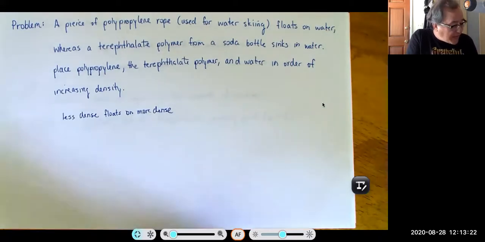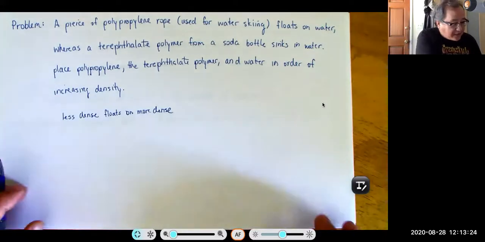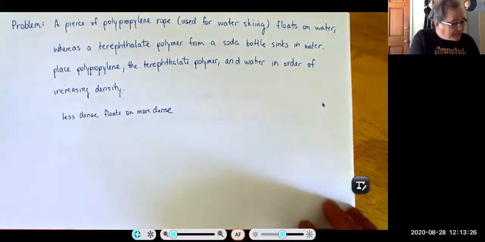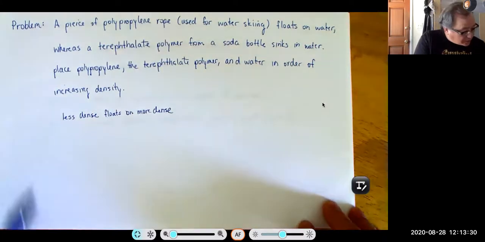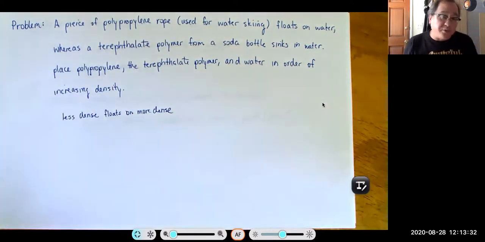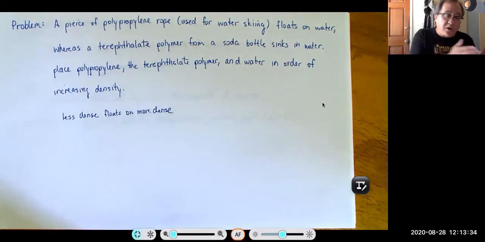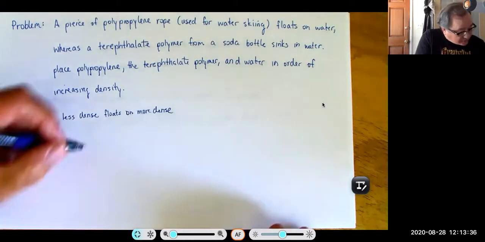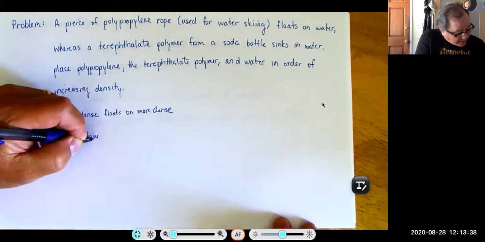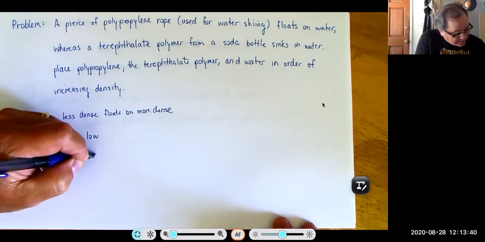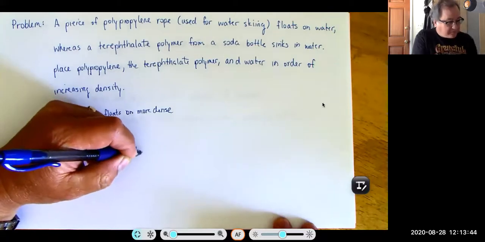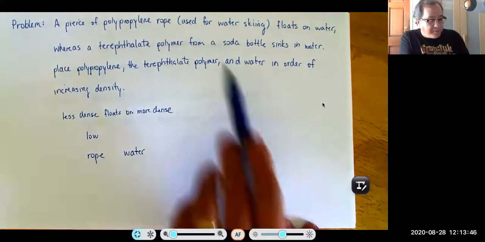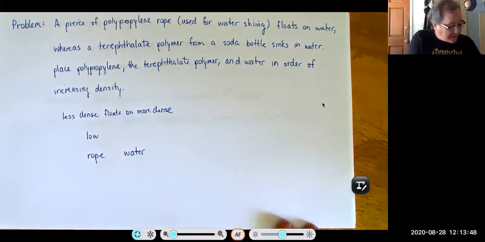If we know that the less dense floats, we can take a look at these and see what happens. Here, the rope floats on water. When we want to put these in order of increasing density, we want to go from low to high. Definitely on the low end is going to be the rope, and on the high end is going to be the water, because the rope floats on water.